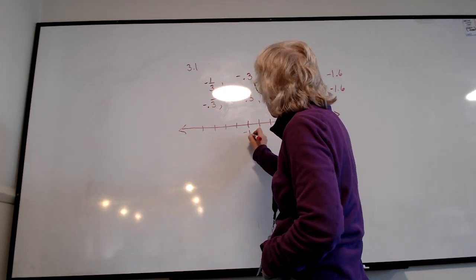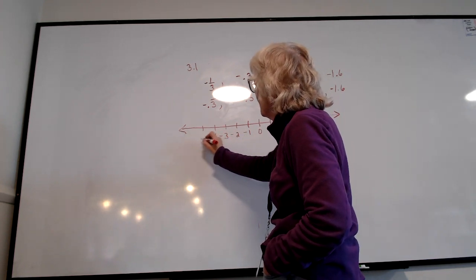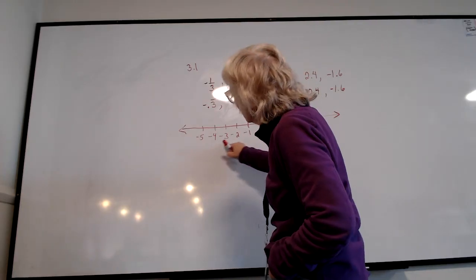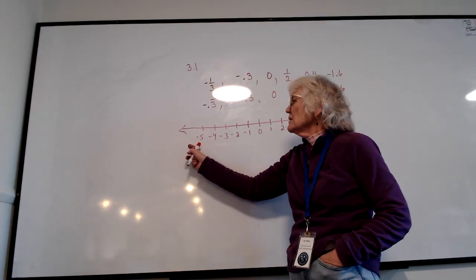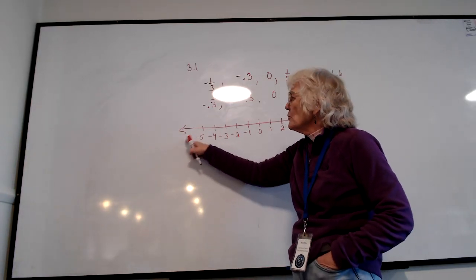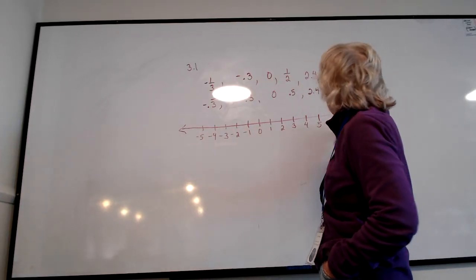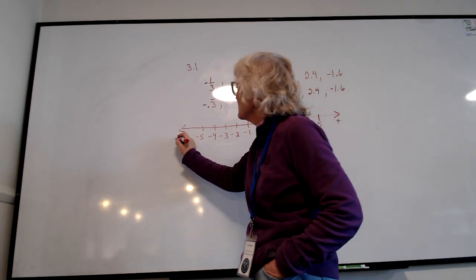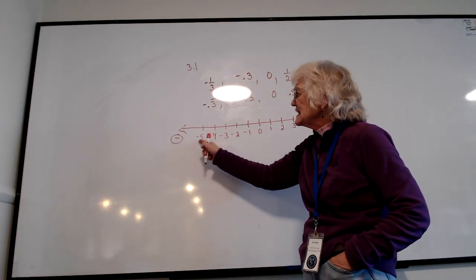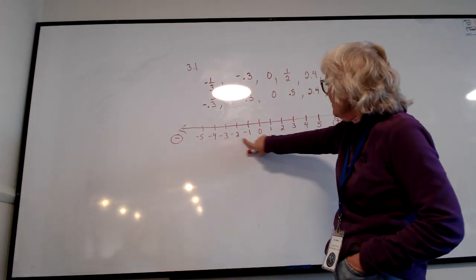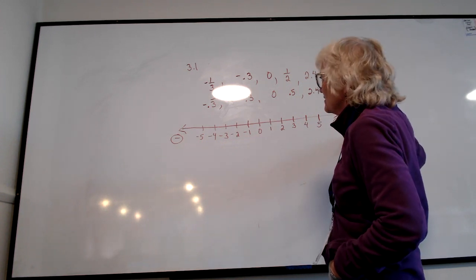Going backwards, it's -1, -2, -3, -4, -5. That's because as I go this direction, we are getting smaller and the negatives indicate we're going to the left of our 0. Positives always go in the right direction, negatives always go in the left direction. And as we go, these get smaller and smaller. So if I look at my number line, these are smaller and they continually get bigger this direction.